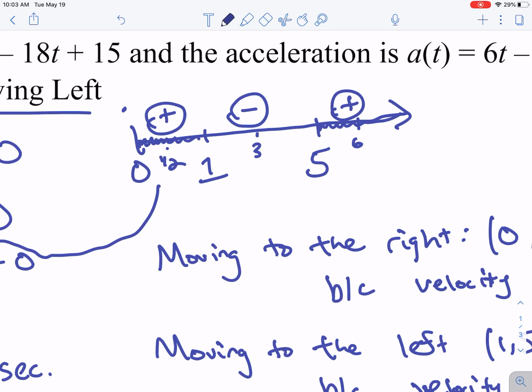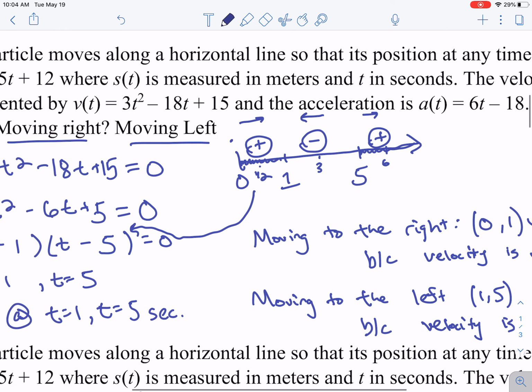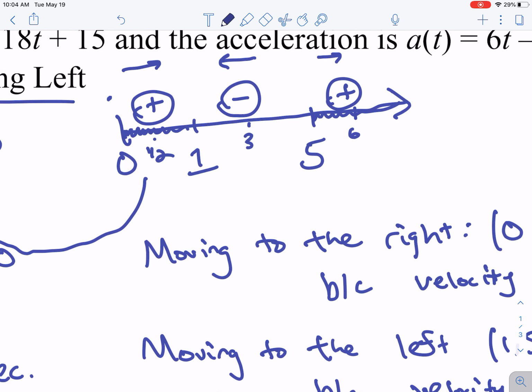We're going to the right. But then from 1 to 5, we're going left. And then from 5 to 6 in this case, we're going to the right. So it makes sense that we're going right for a second, but going left for 5 seconds, and then going right for just 1 second. That makes sense why my displacement is negative, because I'm going left a lot more than going right.